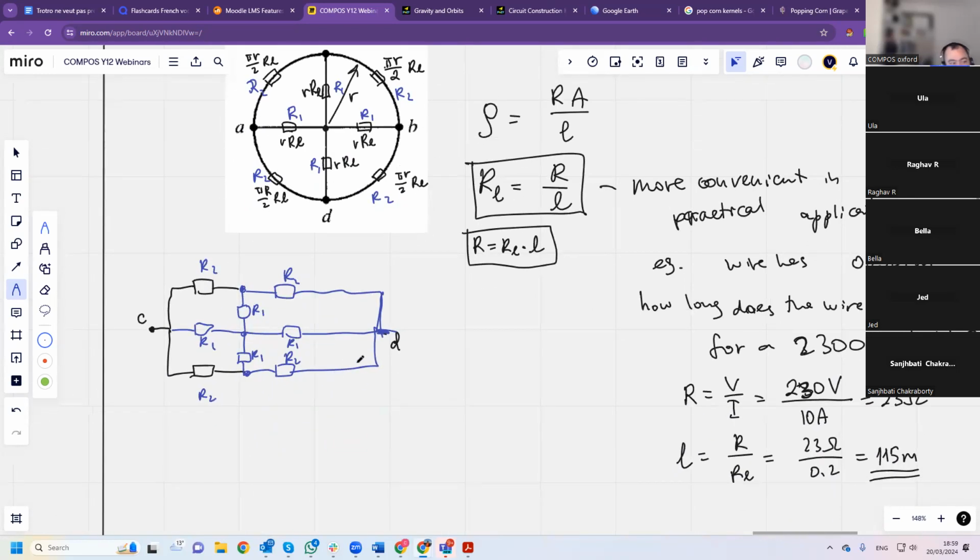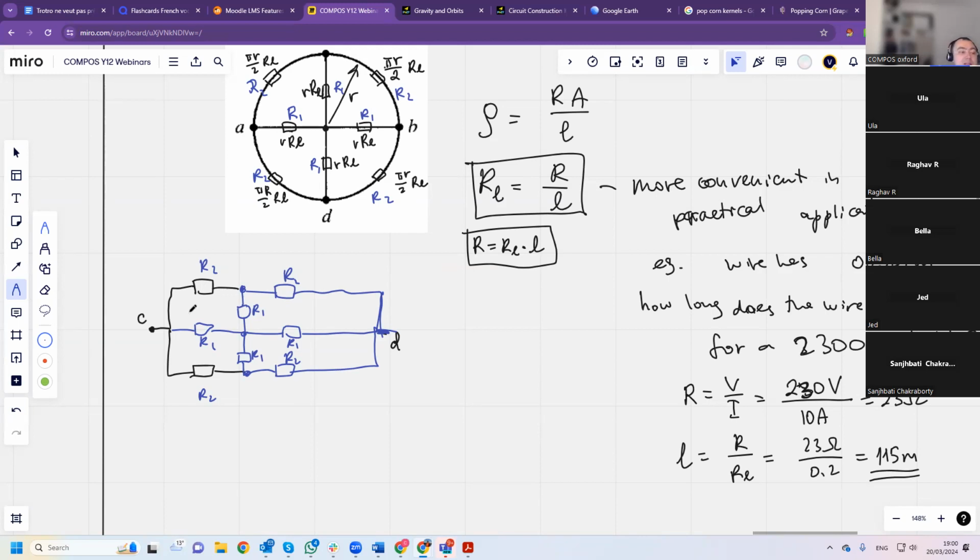Now, there's a problem here, because you can't break it down into convenient series and parallel links. Okay.